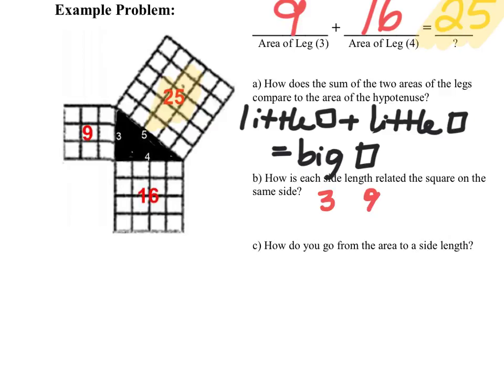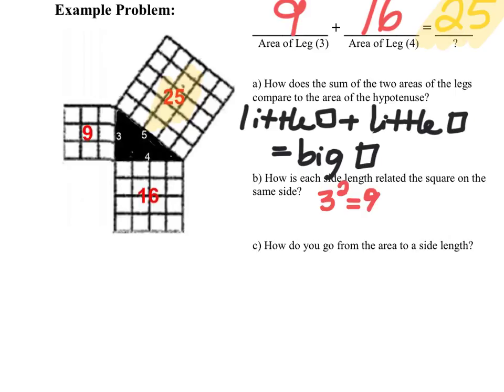Or square root. What am I multiplying by? 3. I'm doing 3 times 3, which is the same thing as saying 3 squared. 3 squared is 3 times 3. This is a shorter way to write it. We say 3 squared is equal to 9. Because it tells me multiply 3 together twice. We talked about that when we did exponents.